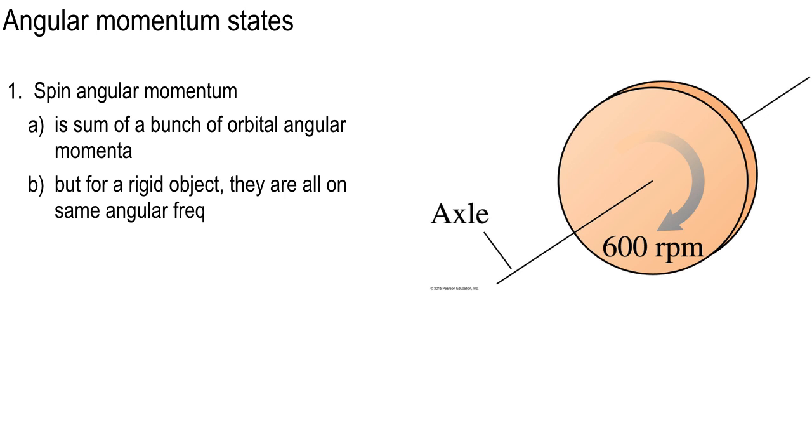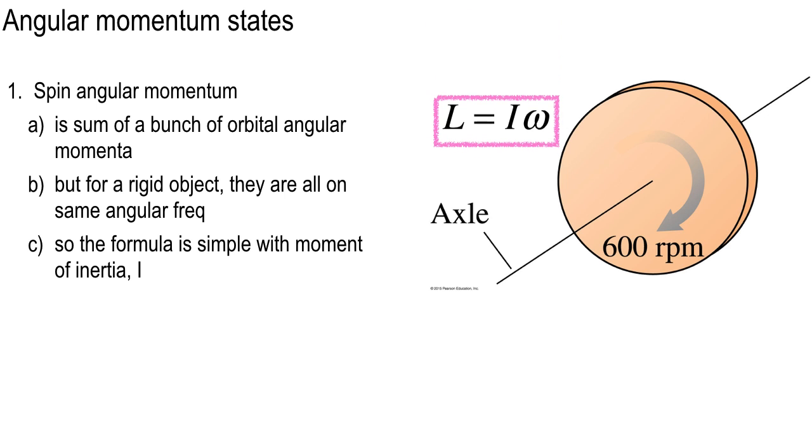Now, as you'll read in the textbook, the formula for angular momentum is simply I times omega. I is known as the moment of inertia, and go ahead and make a note: the moment of inertia is the rotational analog of mass.